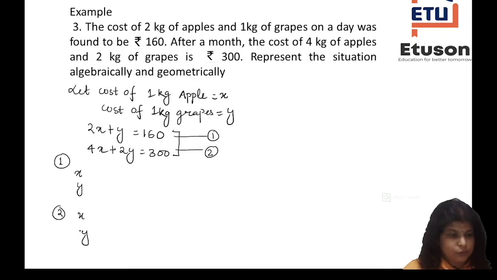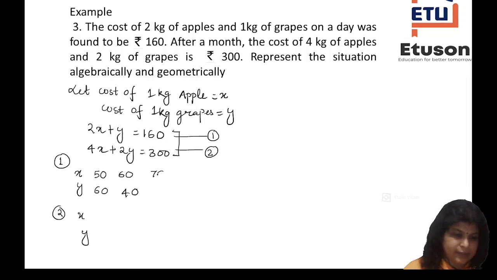So for equation 1, suppose I take x equal to 50. So 2x equals 100, so y is equal to 60. If I take x as 60, then I'll get y as 40.